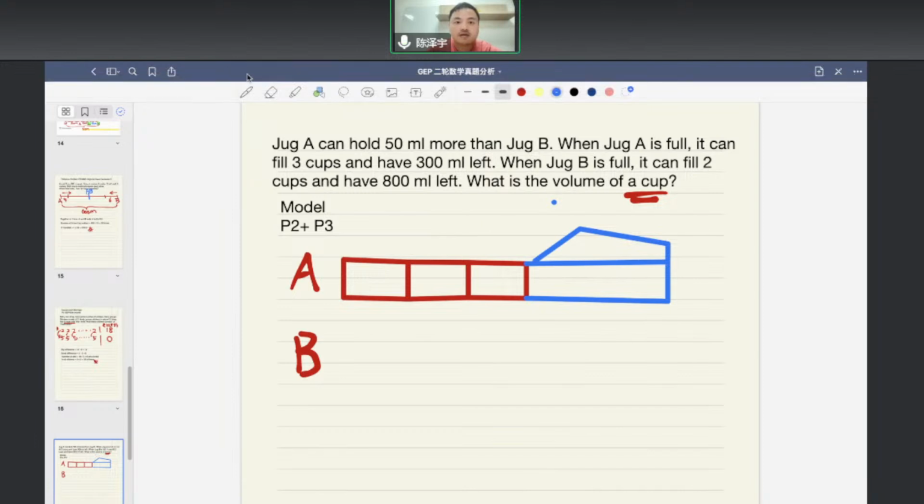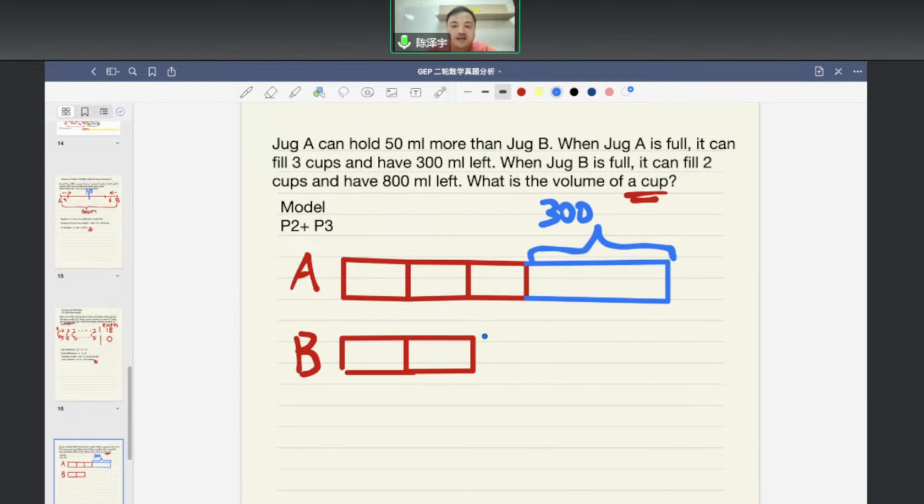And for B, when the question says when B is full, it can fill 2 cups and have 800 ml left. So I draw 2 cups and I have 800 ml left.